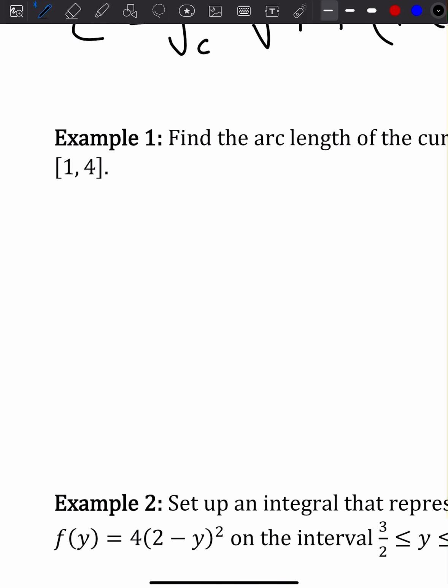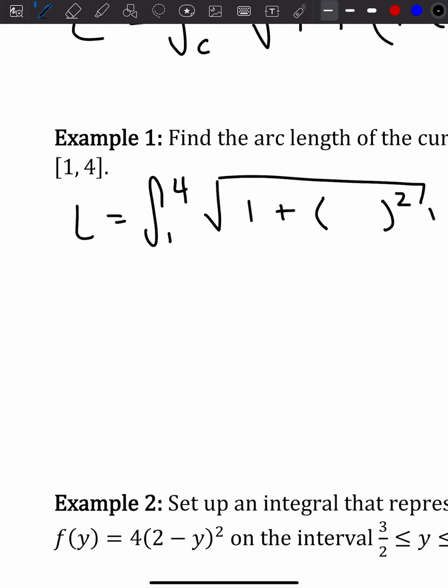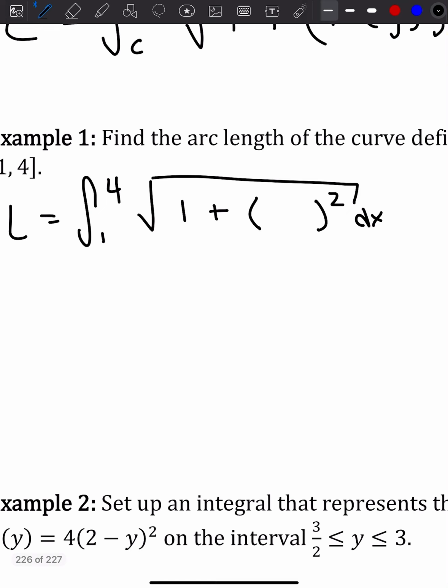So our arc length, L, equals the integral from 1 to 4 of the square root of 1 plus the derivative squared. Our derivative in this case is 2x, so we're going to have 2x squared.